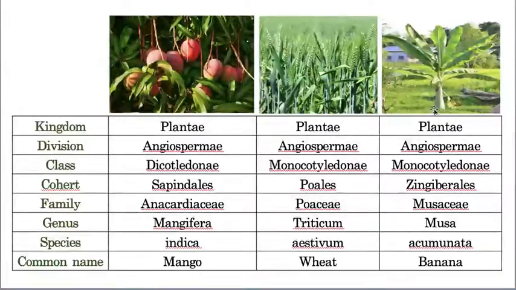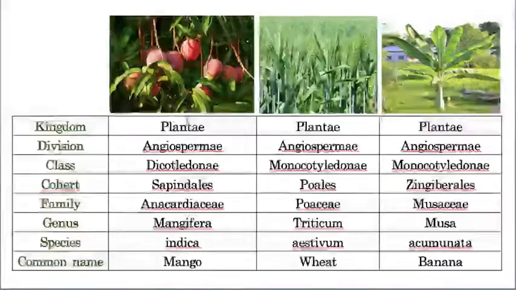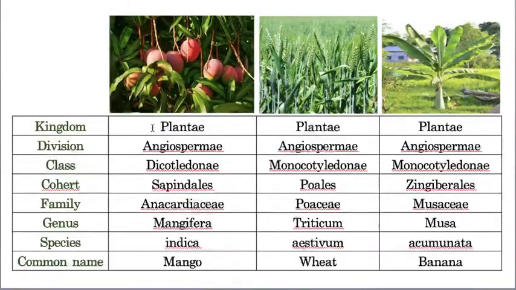For your understanding, I pasted this image also. Now let us take kingdom. Kingdom is Plantae, because this is a plant. Of course, Plantae is also called Metaphyta, whereas kingdom Animalia is also called Metazoa. So in your textbook, if Metaphyta is given instead of Plantae, you should not be confused. Okay, now kingdom is Plantae.